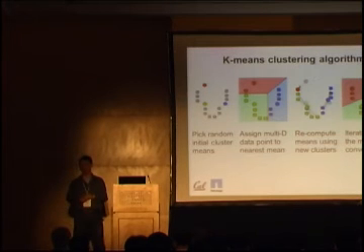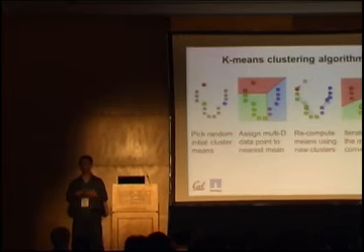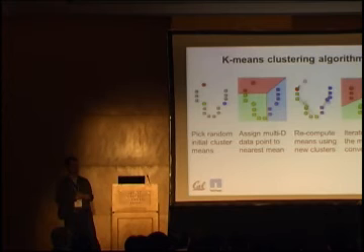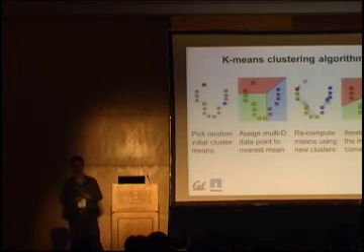We start with a bunch of data points in multidimensional space. K-means randomly chooses a set of cluster centers. Now the data points are assigned to the closest cluster centers. We recompute the cluster means based on assignments, and iterate until the cluster centers converge, meaning they don't move anymore.